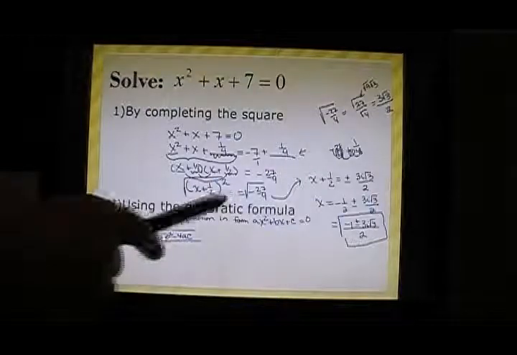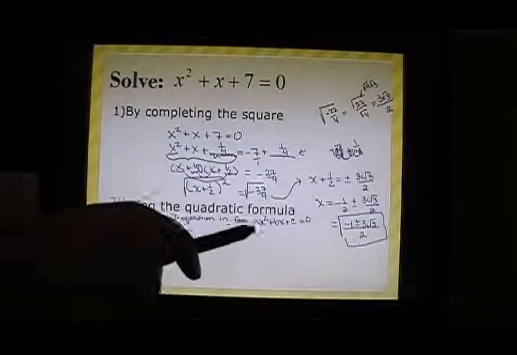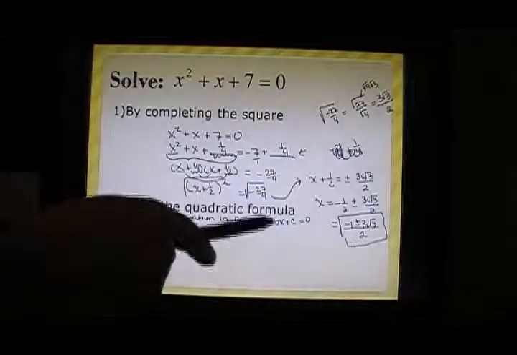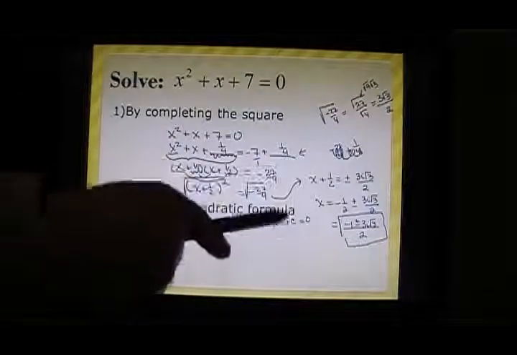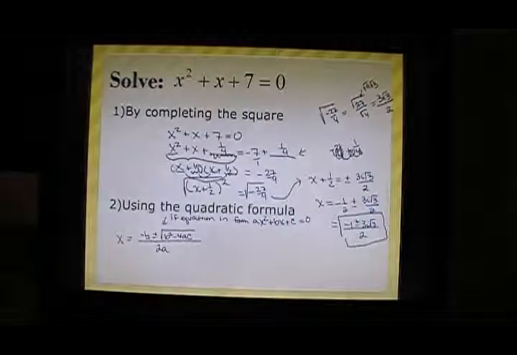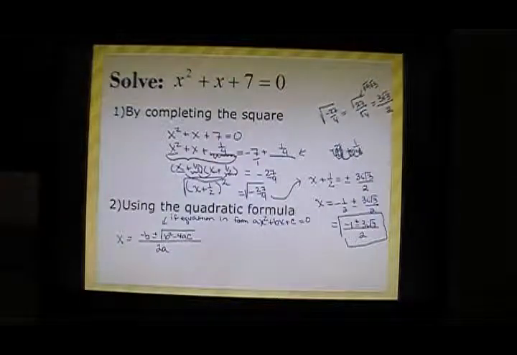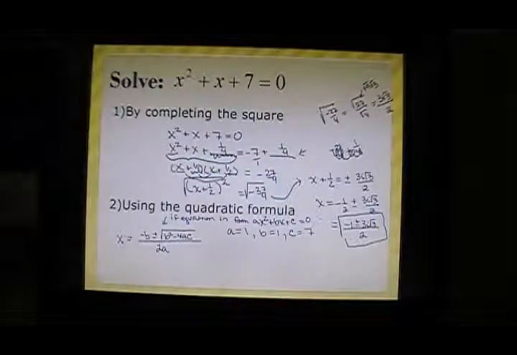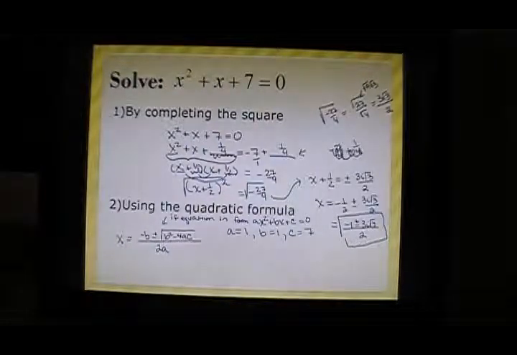So our a is the coefficient of the x squared, b is the coefficient of the x, and c is the constant. So in our formula, for a, we're going to use 1. For b, it will be 1. And for c, it's going to be 7. 1, 1, and 7. So plugging those values in.